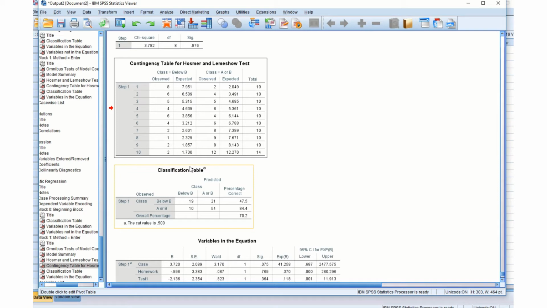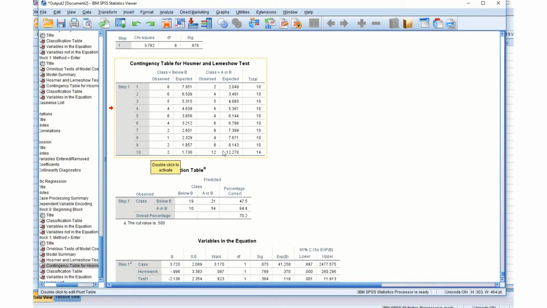Like the bottom line here, it took 10 groups, and out of the 10 groups, it would have expected 1.7 respondents to be in class below B, and the actual result was 2, and it would have expected 12.27 to be in A or B, and the actual result was 12.